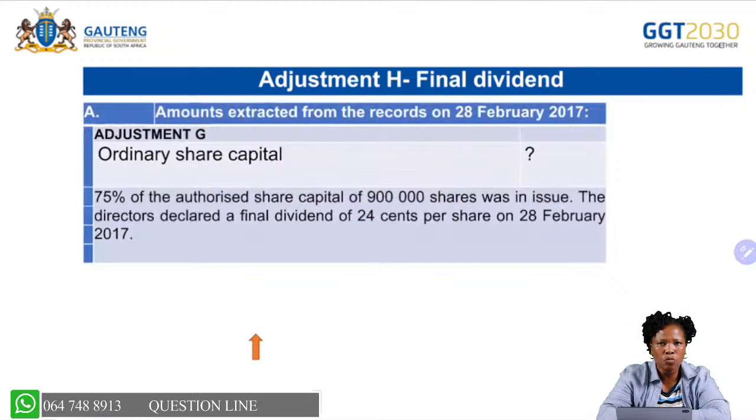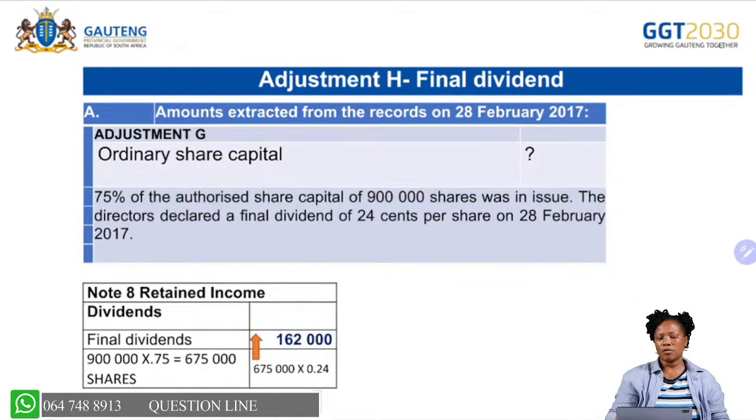So as a business, we have issued 75% of 900,000. We didn't issue everything. And the directors declared a final dividend of 20 cents per share on 28 February. Remember, I said initially that your final dividends will definitely appear in your balance sheet, your statement of financial position.